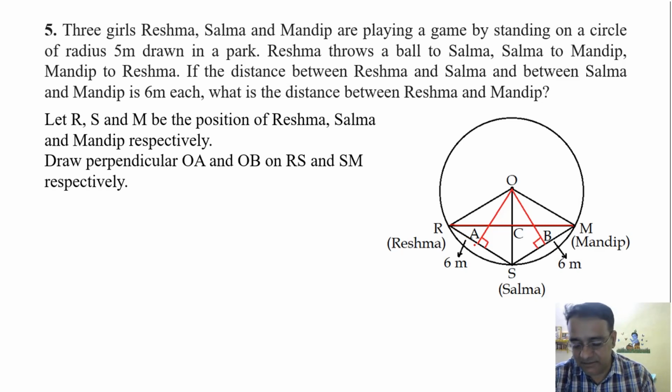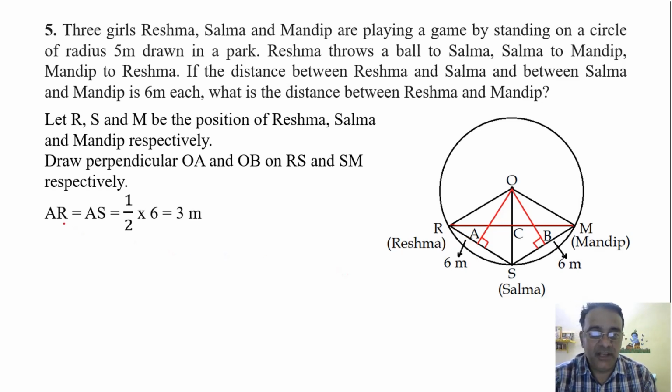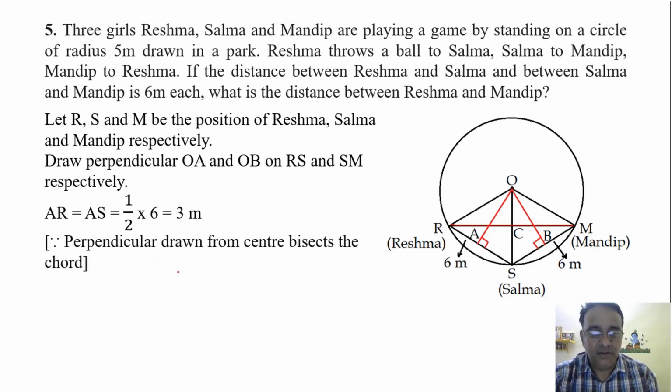Not centimeter, meter. 3 meter. So AR is equal to AS is equal to half into 6, that is 3 meter. Why? Because the perpendicular from the center to a chord bisects the chord. Right. Now similarly these two are also 3 meter. BM is equal to BS, also 3 meter.